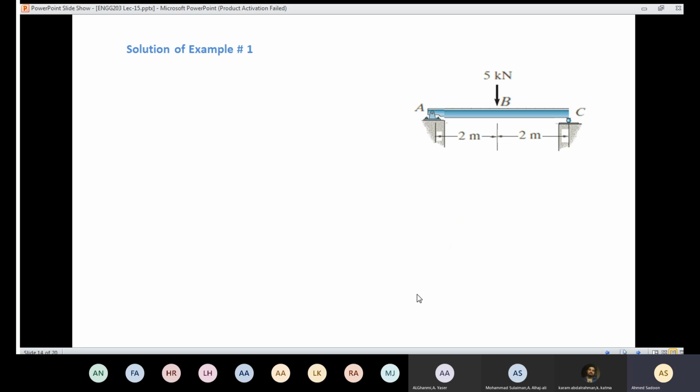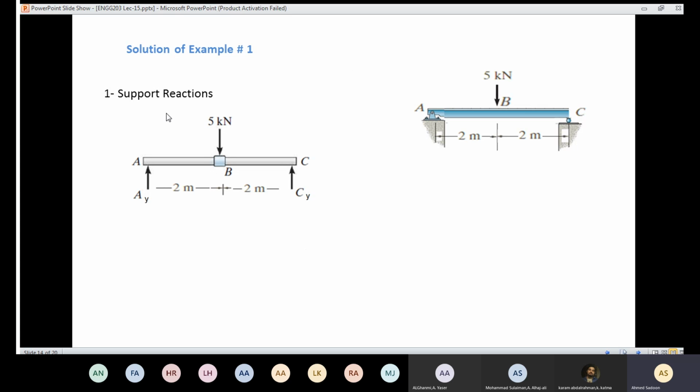So let's see the first step. We need to determine the support reactions. Now you should be expert. You have had many examples in order to draw the support reactions. First, as you know, we need to draw the free body diagram.